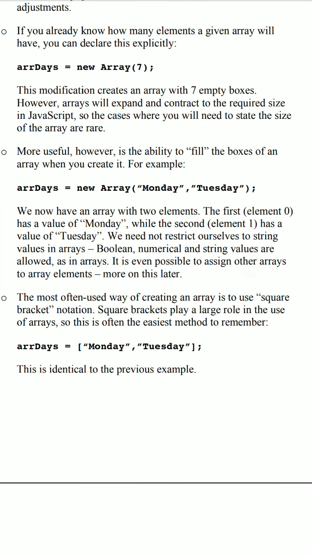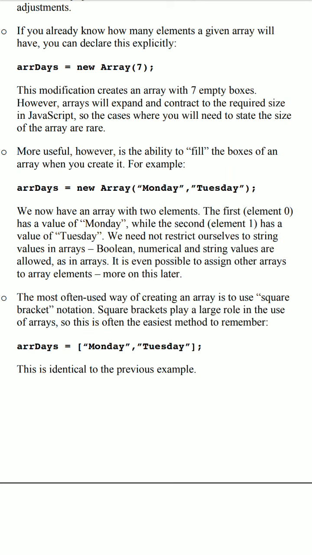The first element, 0, has a value of Monday, while the second element, 1, has a value of Tuesday. We need not restrict ourselves to string values in an array. Boolean, numerical and string values are allowed in an array. It is even possible to assign other arrays to array elements. More on this later, we will see.